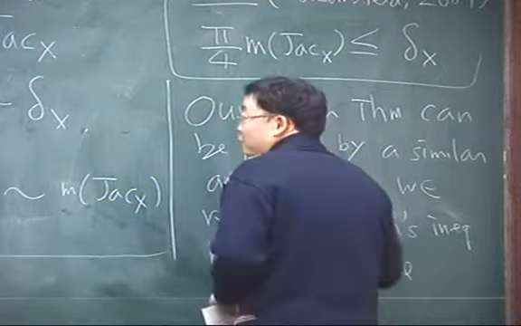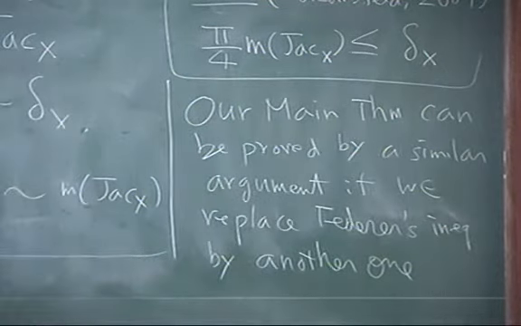So what we really need is to replace that guy. This part is okay, but you need a new inequality. So that was the difficulty. So let me state what the new inequality is.